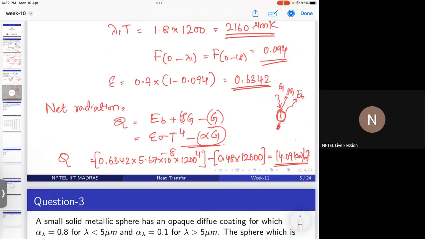Some part is radiating, that is dominant, but some part is coming in. So what is the net difference?